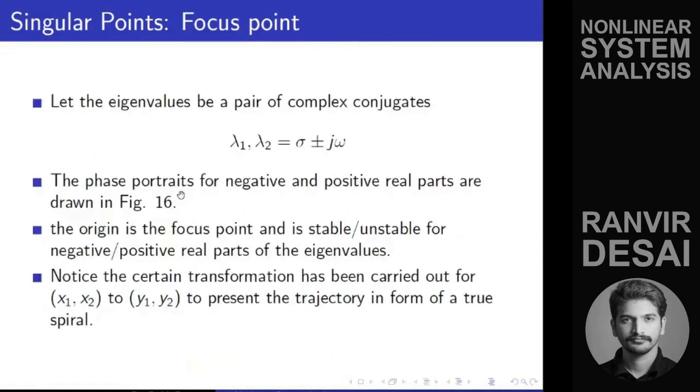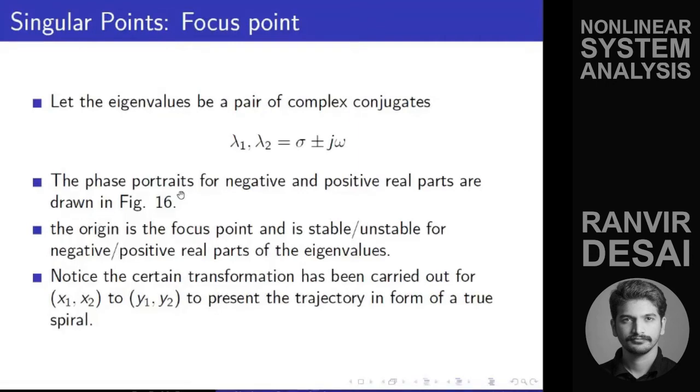So the next one is focus point. It is called a focus point when, just 10 seconds. Okay, a singular point is called a focus point when the eigenvalues are complex conjugates.